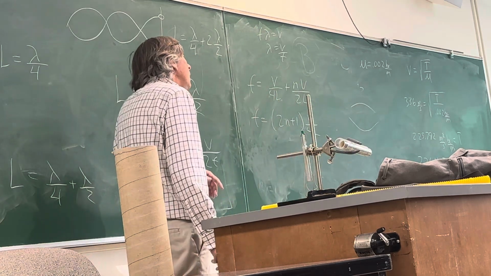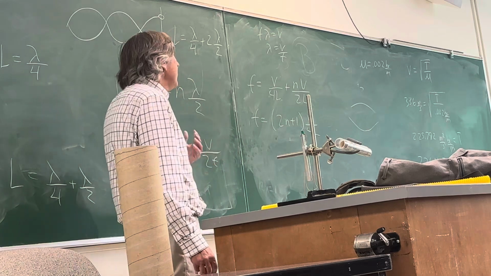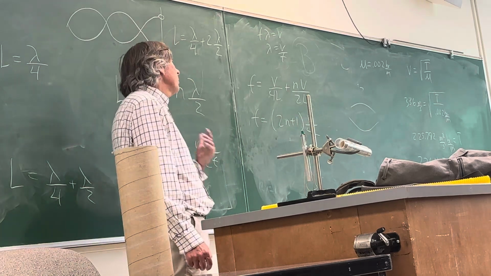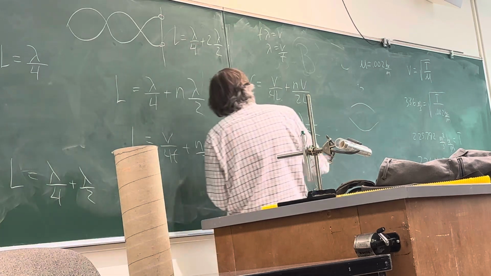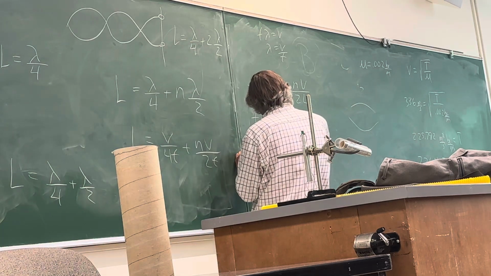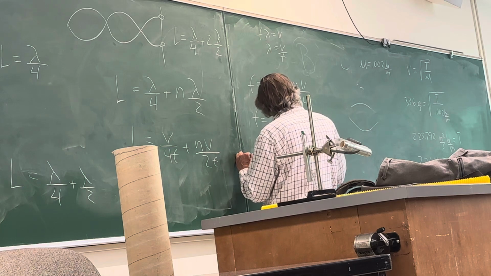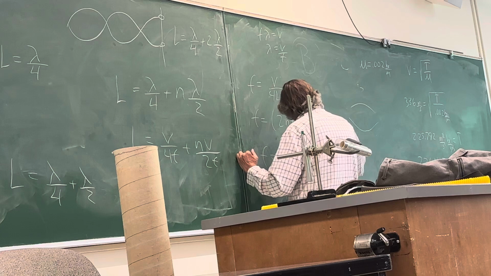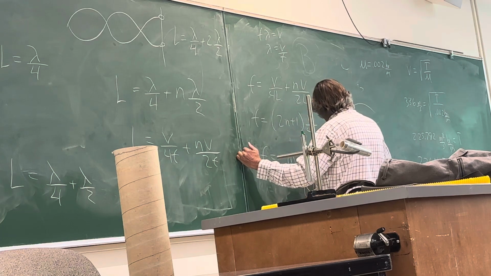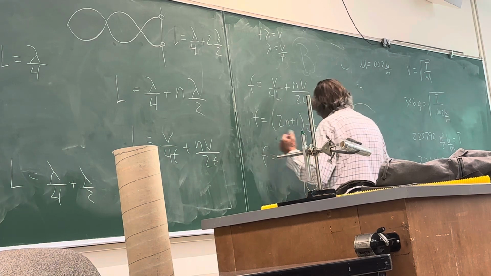And then they'll say, well, 2n plus 1, n's just an integer, so 2 times something plus 1 has to be an odd integer, right? So instead, they'll write it like this. They'll say the resonance frequencies are going to be m times v over 4L, where m is going to be 1, 3, 5, 7, 9, like that.